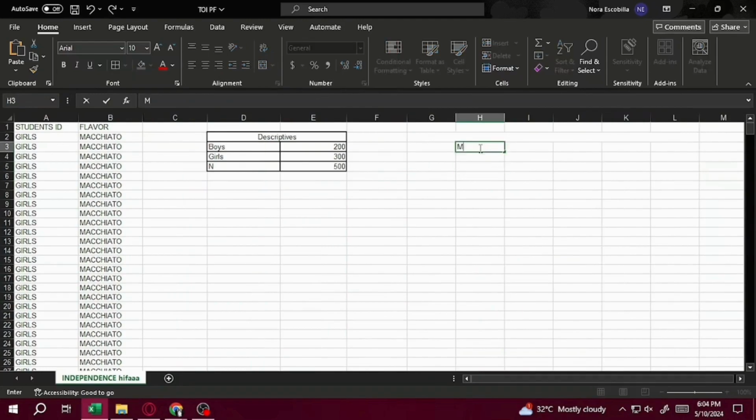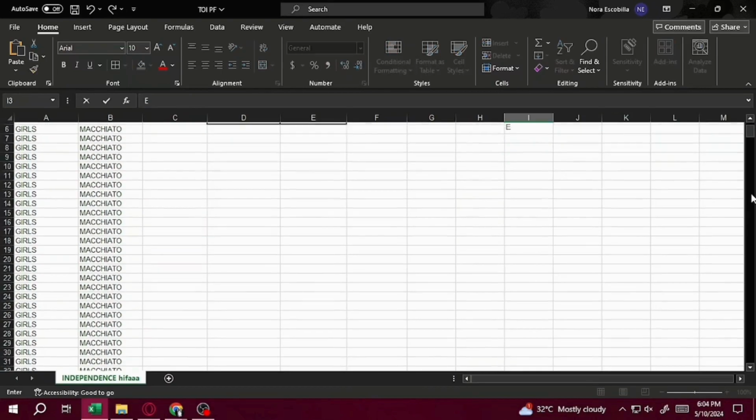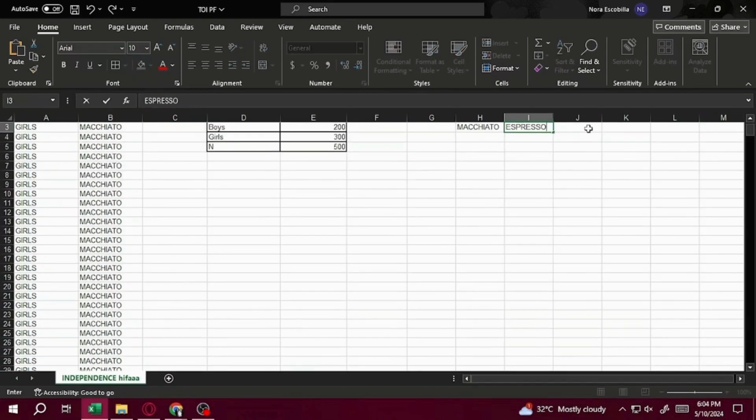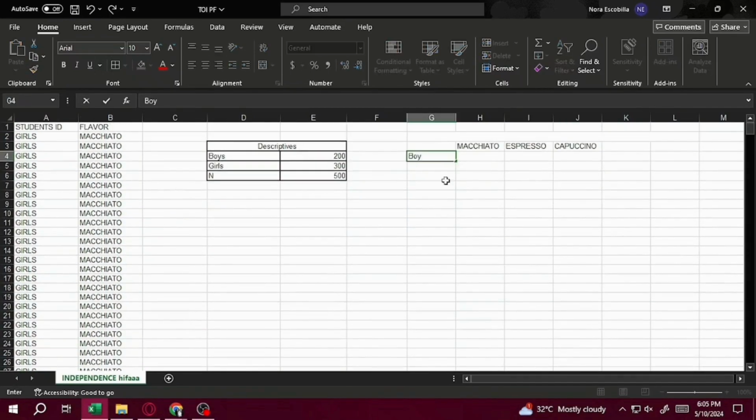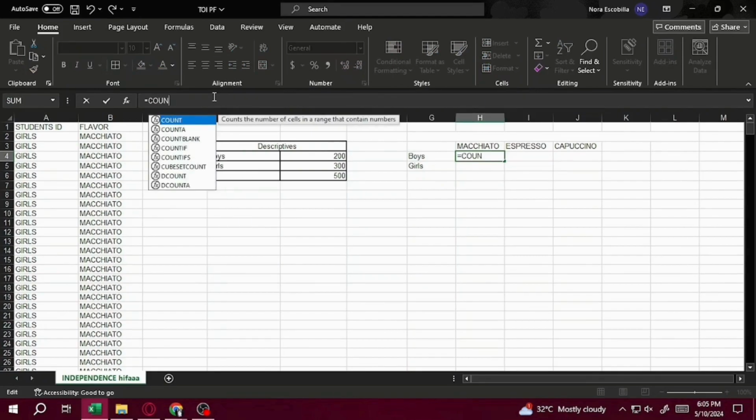In our contingency table, we need to input the flavors such as macchiato, espresso, and cappuccino. Since we already input our flavors, let's type the student ID and, using a similar process, copy or type the COUNTIFS function for the first criteria. Select the column that contains the group.